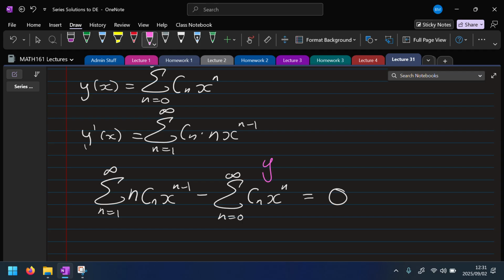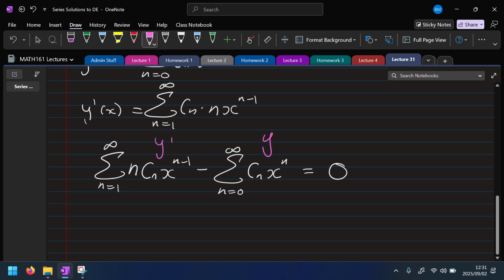What's the derivative of a constant? 0. So if n equals 0 is a constant, we do the derivative, it goes away. So we have to start from 1. Okay. But notice, if we do start from 0, n is 0. So what's the first term there? N times Cn, when n is 0, 0. So it goes away.